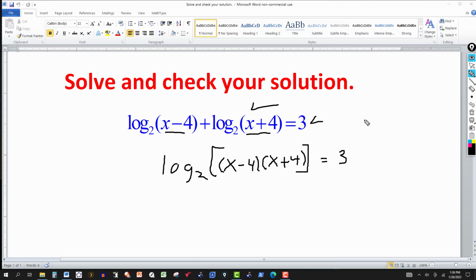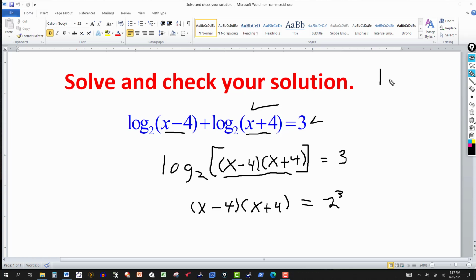Then, when you have the log of one expression, using your definition of log, this expression should be equal to the base taken to that power. So we can write this as x minus 4 times x plus 4, and that should equal this base taken to that power. It's 2 to the third.